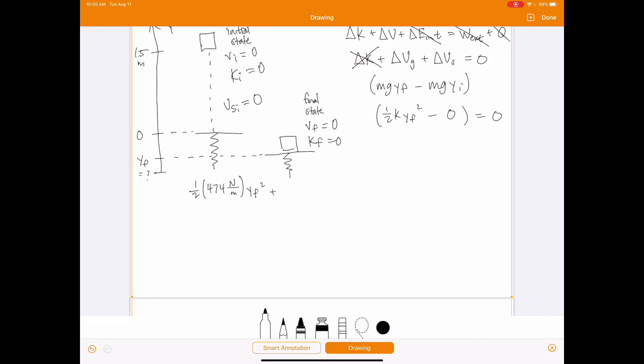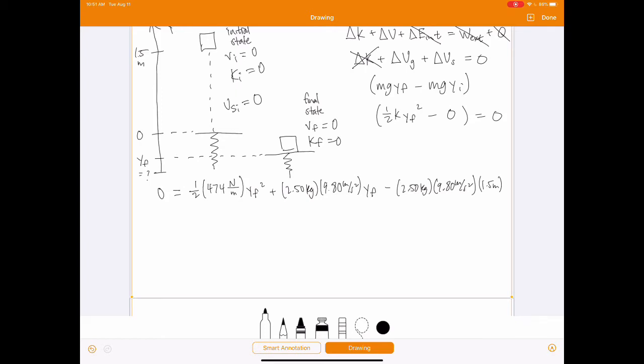So I have plus, the mass we were given is 2.5 kilograms, g is 9.8 meters per second squared, and then we have y final. Okay, and then lastly we have minus mg y initial. So m is 2.5 kilograms, g is 9.8 meters per second squared, just like before, and then y initial is 1.5 meters. Okay, 1.5 meters, and that all equals 0, like this.